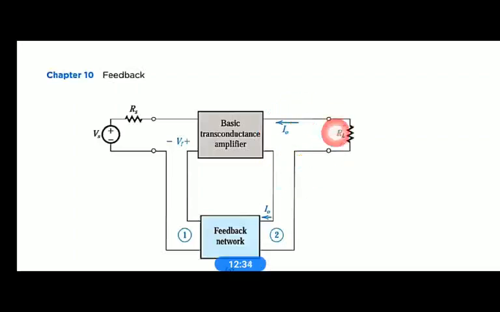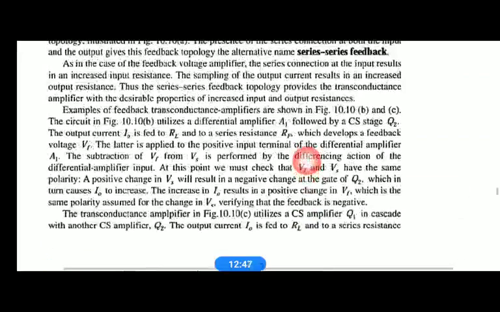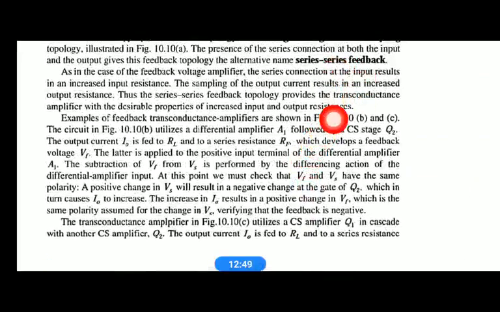So here you can see at the input we connected in series, at the output we are also connecting in series. So therefore this is a series feedback topology. This is also called series feedback. All right.